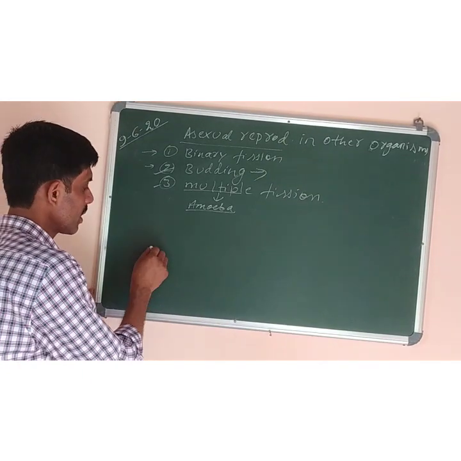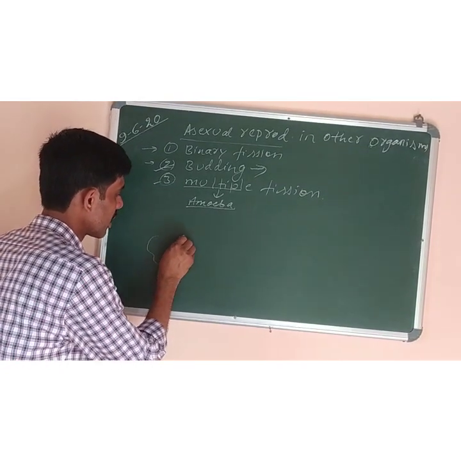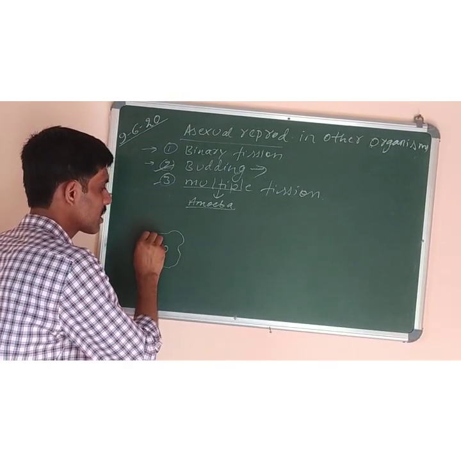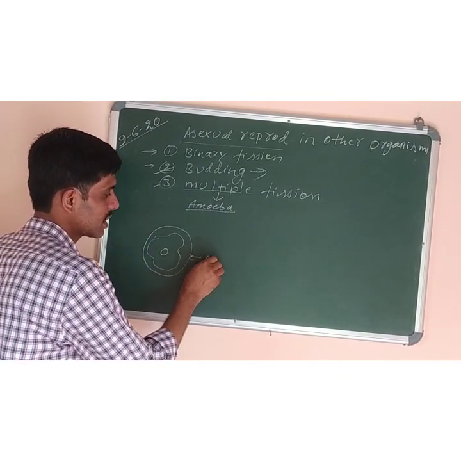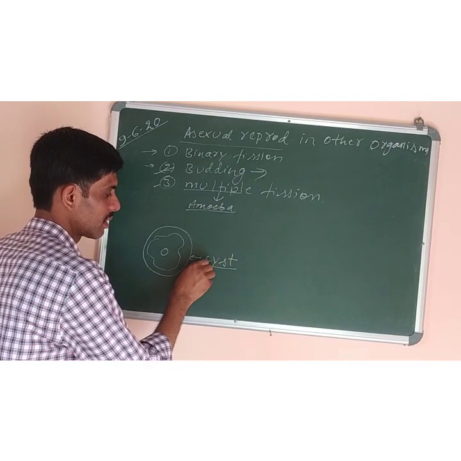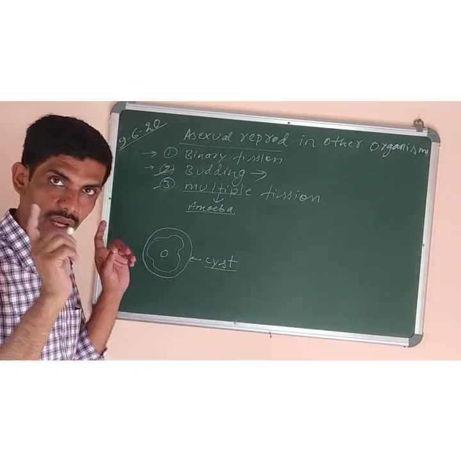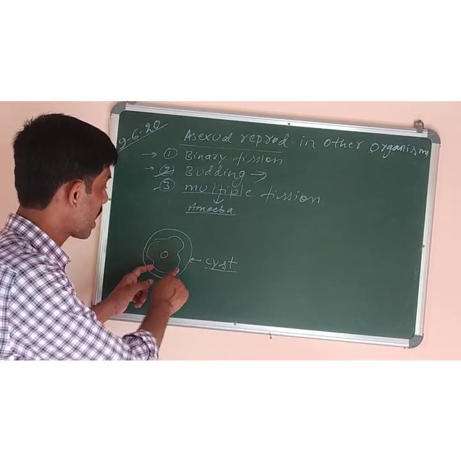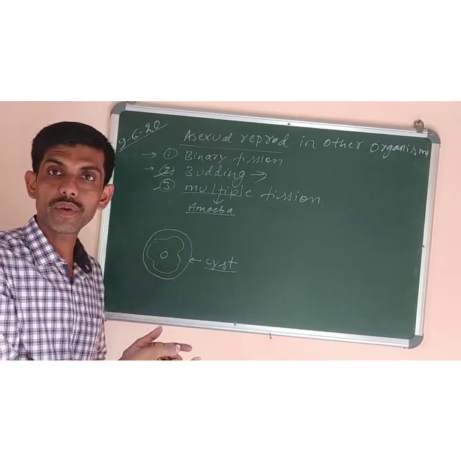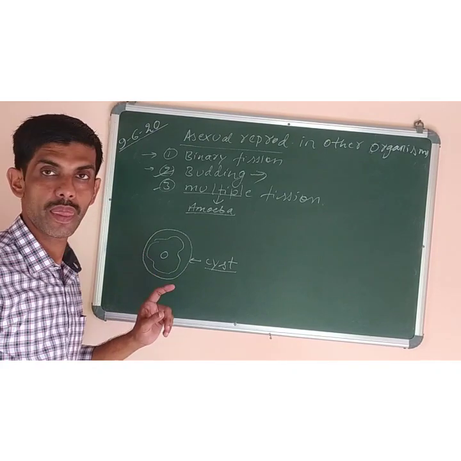At that time, the amoeba cell, like this is amoeba, is surrounded by a hard protective covering. It is known as cyst, C-Y-S-T. Got it? So during unfavorable condition, because there is scarcity of food, water and all, this amoeba will secrete a hard protective covering around it called cyst.